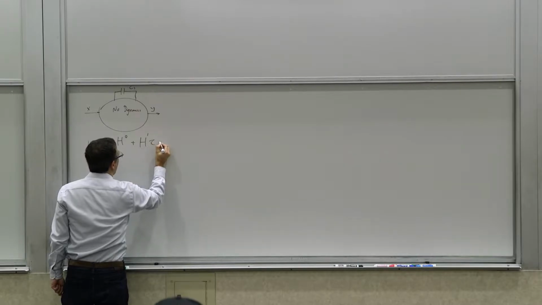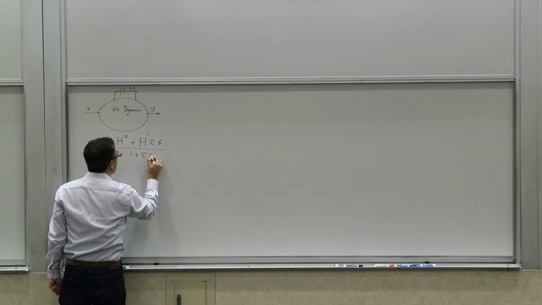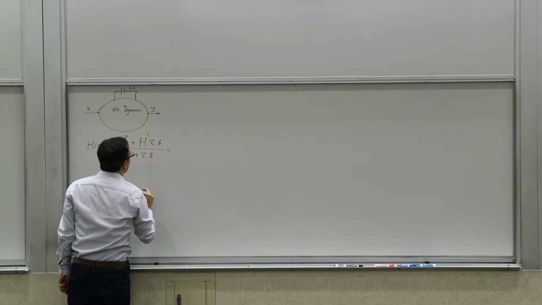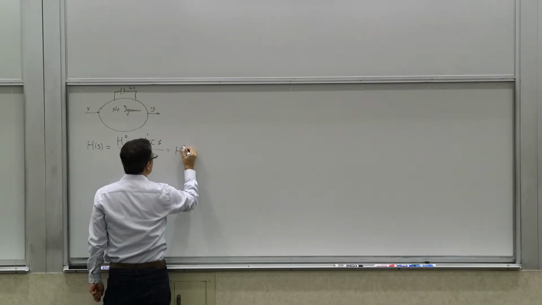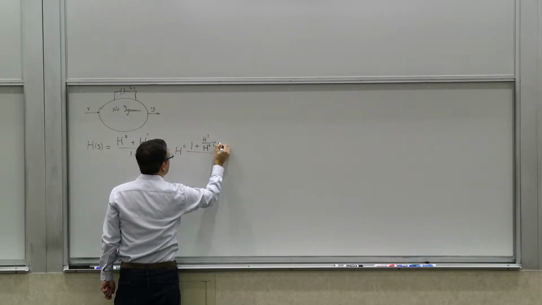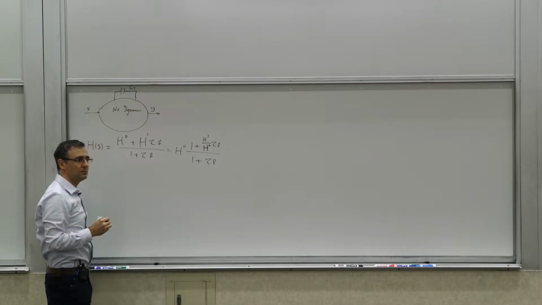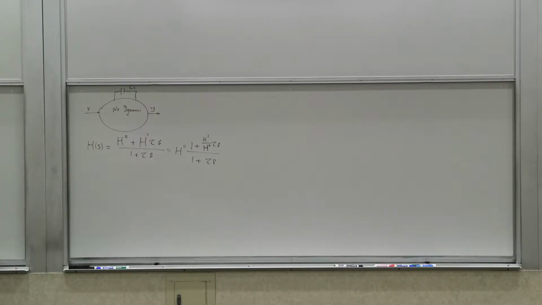H1 tau s over 1 plus tau s, which you can also write, if you factor out H0, the low frequency gain, in this form: H0 times (H1 over H0) tau s over 1 plus tau s. So this we derived last time.